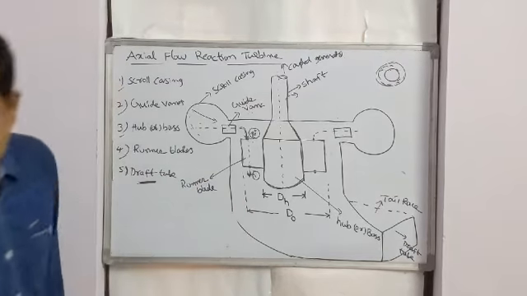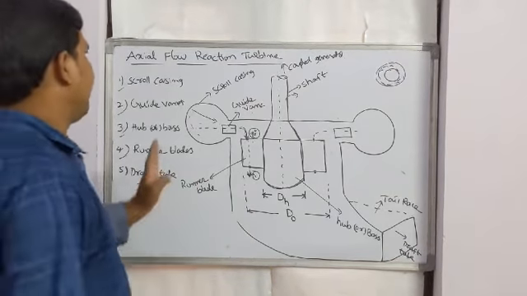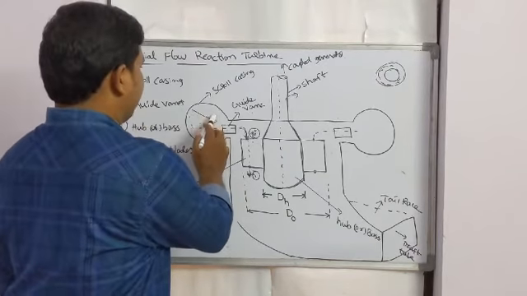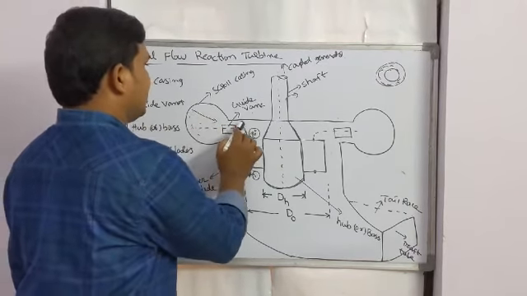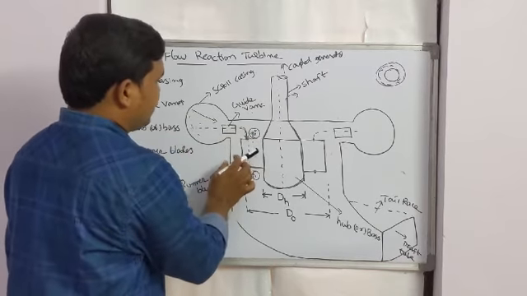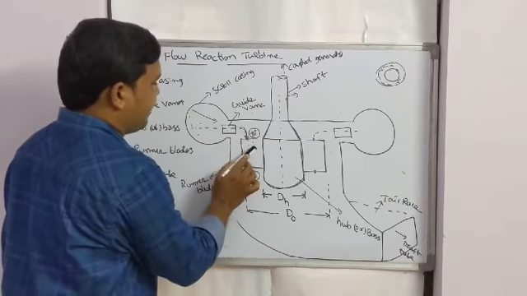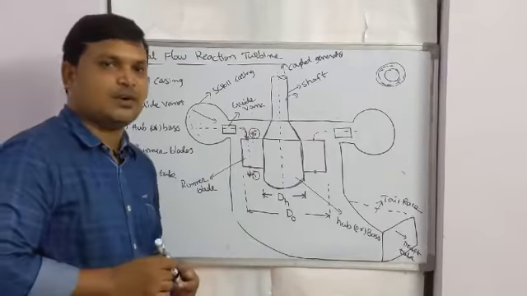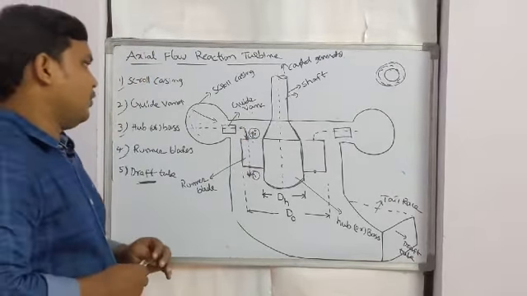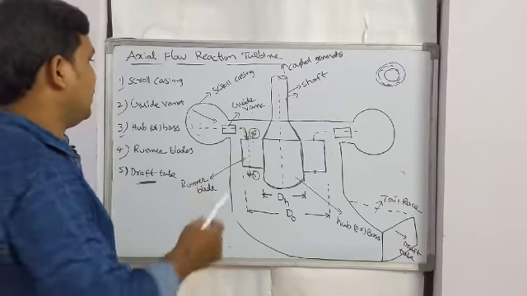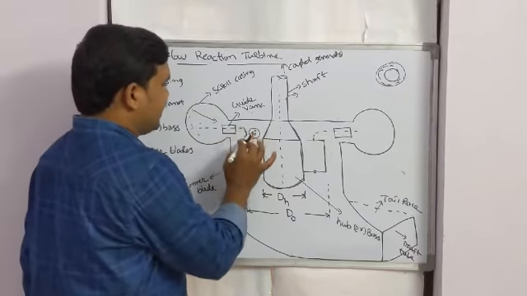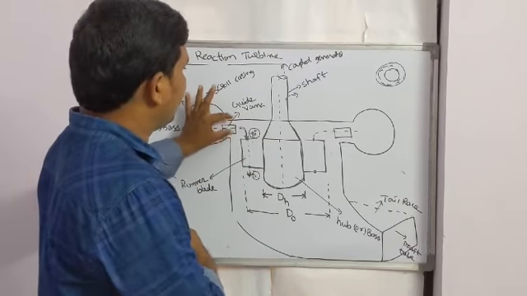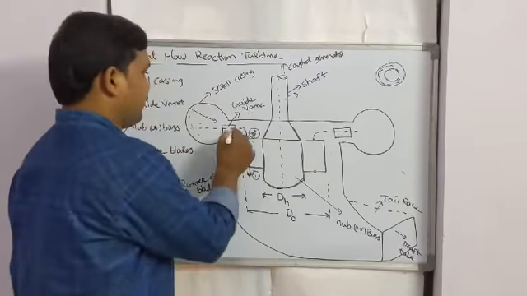So this is the working of an axial flow reaction turbine. The water coming from the penstock enters the scroll casing, then strikes the turbine blade or runner blade through the guide vanes. The guide vanes are used for controlling the water flow angle or water flow rate.